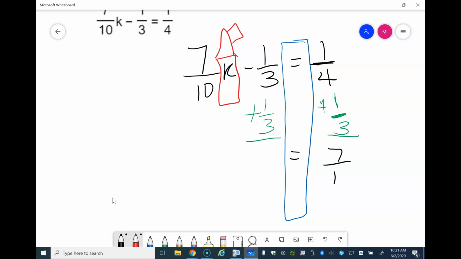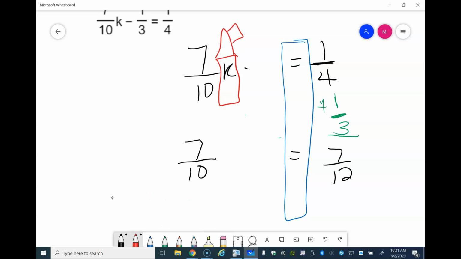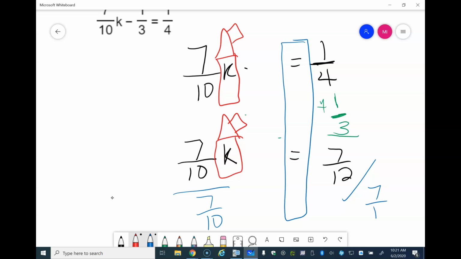So this is going to be 7 over 12. All this goes away. So we drop down what we haven't used yet. So here, side by side, I'm going to do the opposite, which is division. So I'm going to divide this by 7 over 10 and divide this by 7 over 10.